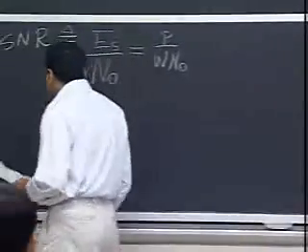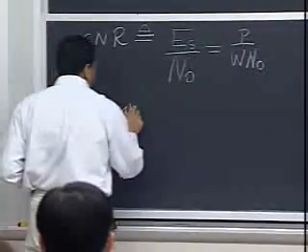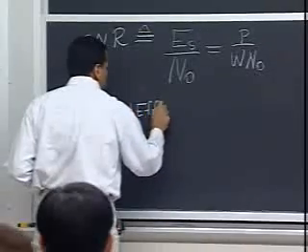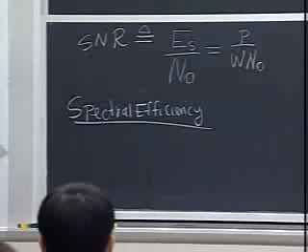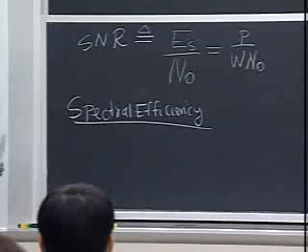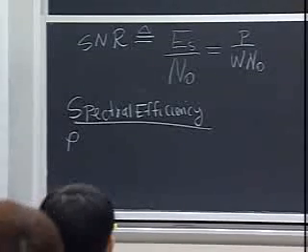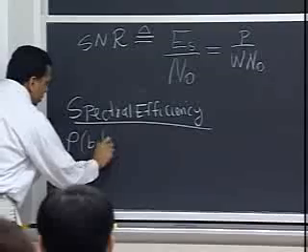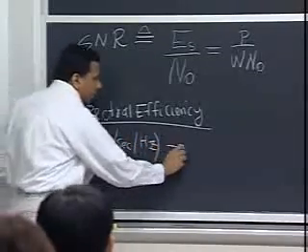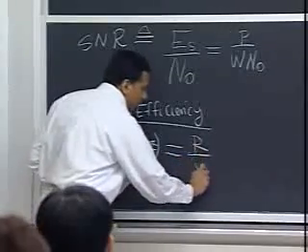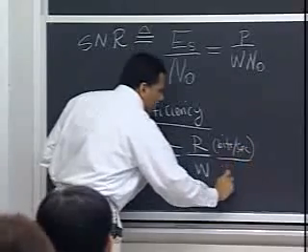The other notion we talked about last time is this idea of spectral efficiency. Okay, in continuous time, the definition is quite natural. It's denoted by the symbol rho. The units are bits per second per hertz, and it's basically R over W. You have R bits per second over W hertz.